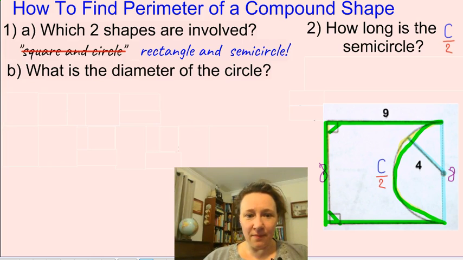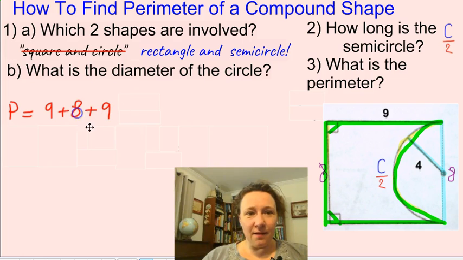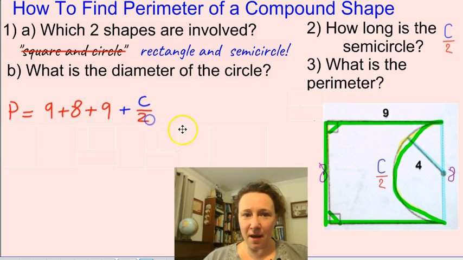So now we are ready to summarize how to find the perimeter. We will be adding the sides 9 and 8, the other 9 on the bottom, and half of the circumference.